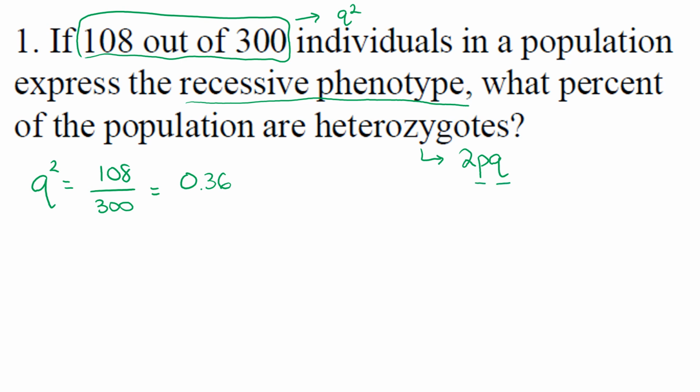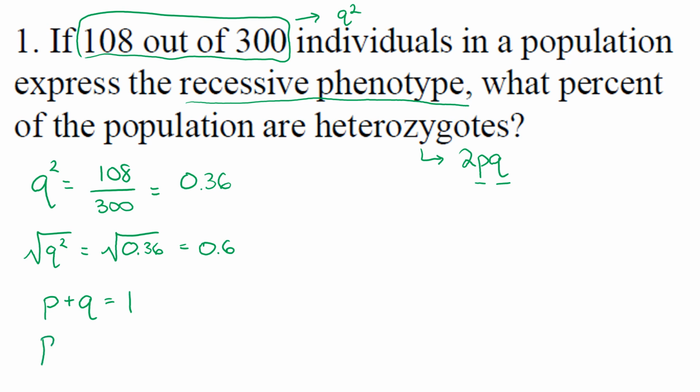So there are several ways we can solve this. I'm going to be taking the square root of my q squared, which means I'm taking the square root of 0.36, and that should get me 0.6. I'm going to use the property that the dominant allele and the recessive allele frequency add up to 1.